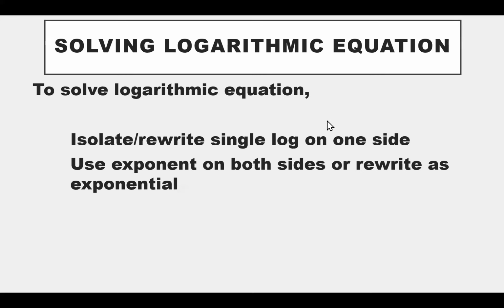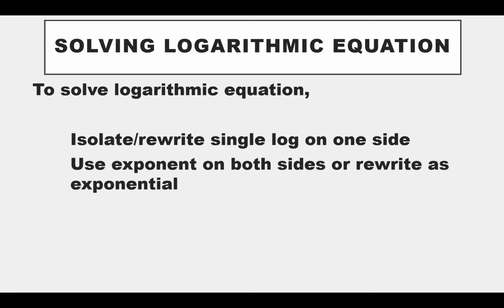Now, what about a general logarithmic equation? In order to solve a logarithmic equation, we are going to isolate the single log on one side, that may take some rewriting so that we actually get a single logarithm on one side of the equation.